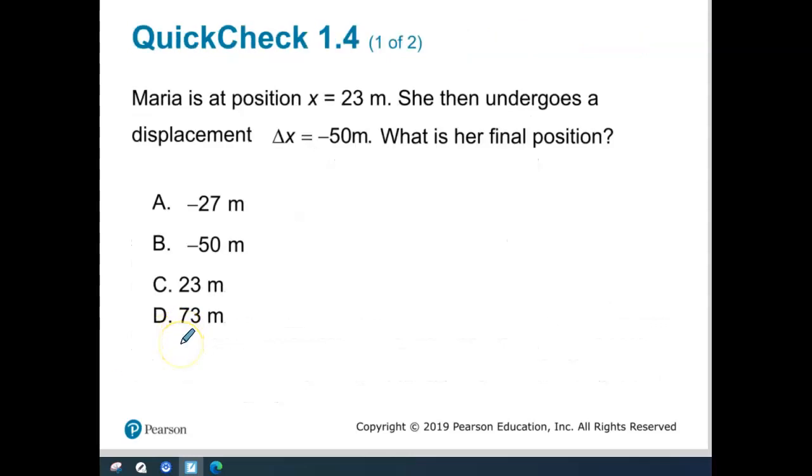It says Maria is at a position of 23 meters. She undergoes a displacement of negative 50, and we want to figure out what is her final position. Again, drawing a little sketch is important, so I'm going to start with a number line. I'm going to call that 0. This is 0 meters. We're measuring in meters along this number line, and I'm going to count by 25s.